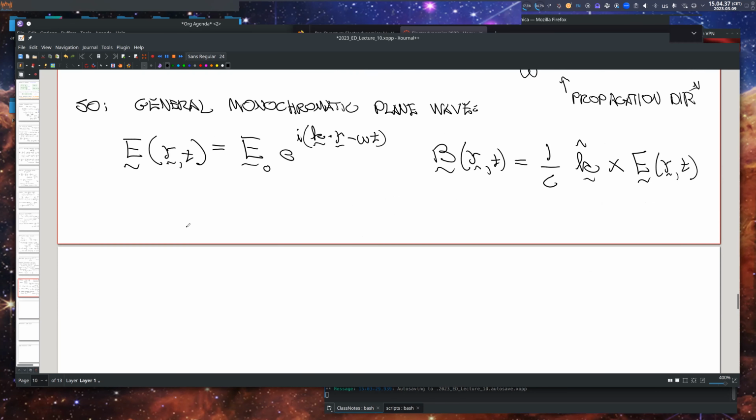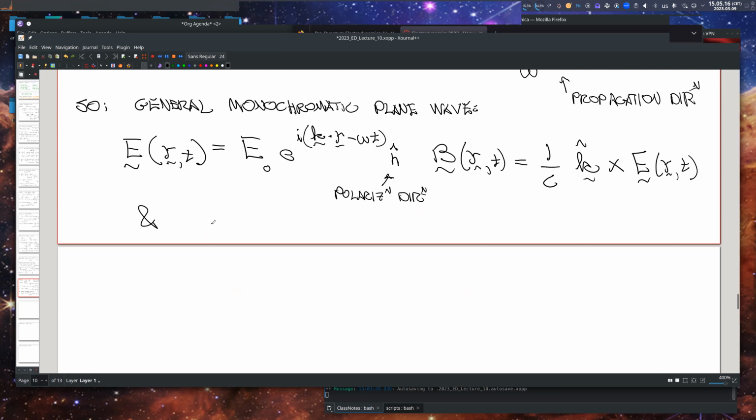Right, and actually, let me just rewrite this a tiny bit to correspond to the notation I've used in the notes, because I've put an n hat vector here. So this is just now some constant amplitude, but this is the propagation direction. No, sorry, it's the polarization direction. The direction of the electric field.